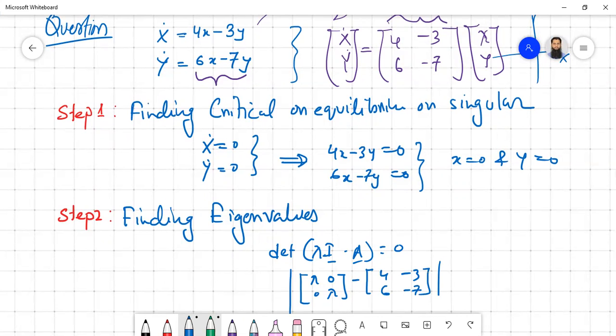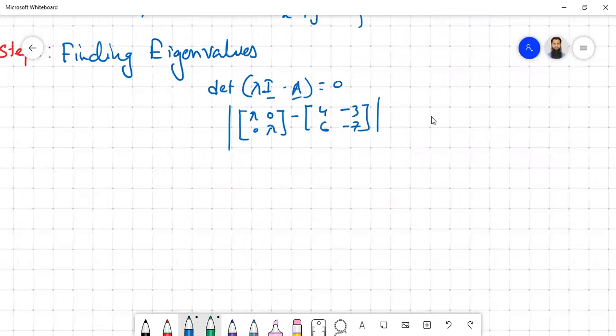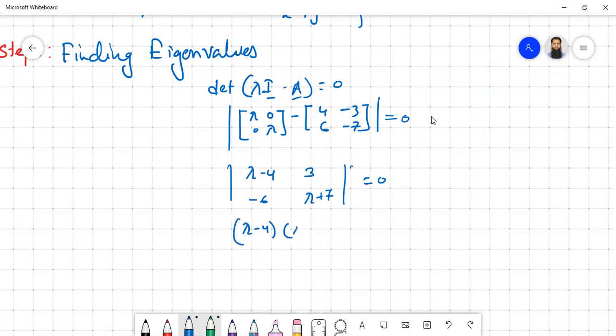Then we have to find the determinant of this, and it should be equal to 0. So what we find is the matrix lambda minus 4, 3, minus 6, lambda plus 7. So lambda minus 4 into lambda plus 7 plus 18 should be equal to 0.